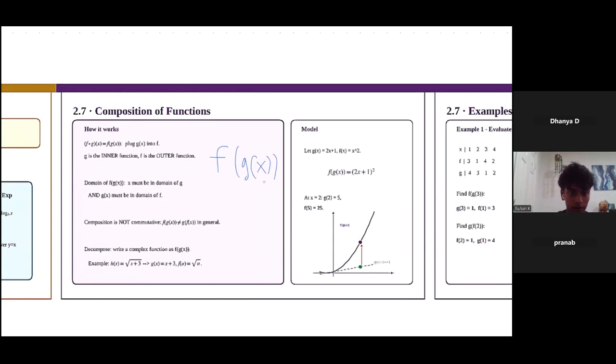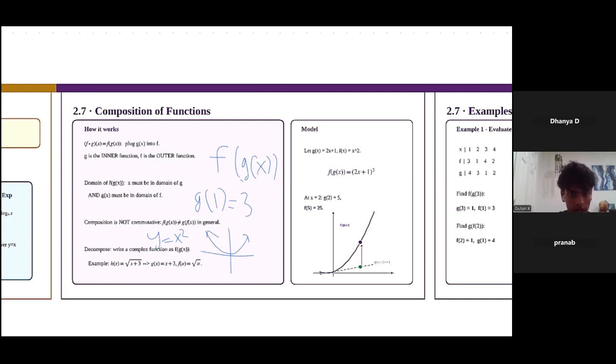So here's an example. Let's say g of 1 equals 3. And let's say f is just a quadratic function, so it's going to be y equals x squared. When we plug 1 into f of g of 1, first we look at the inside function, g of 1, which is 3.